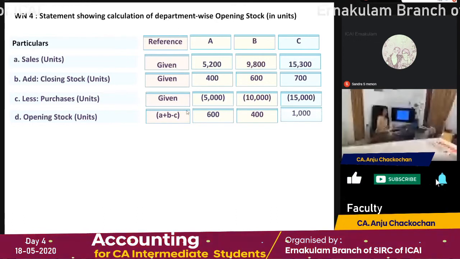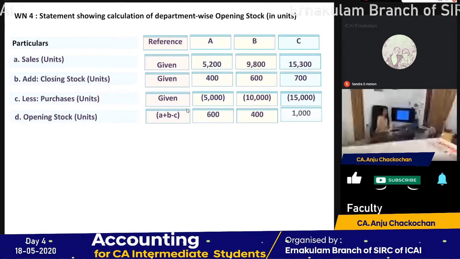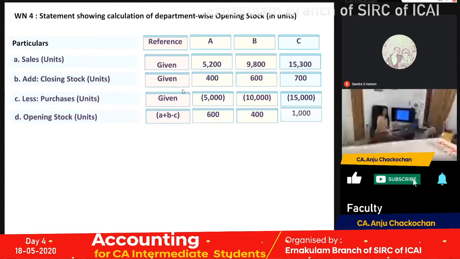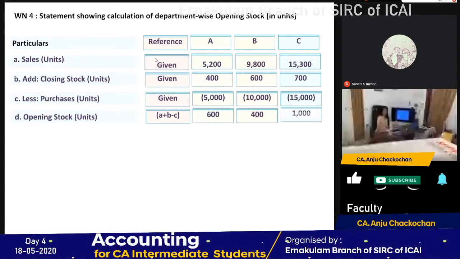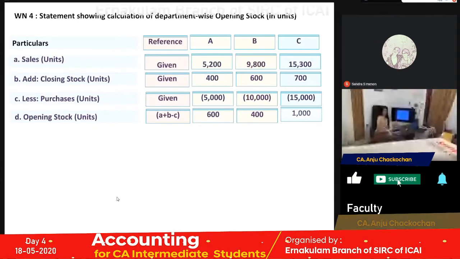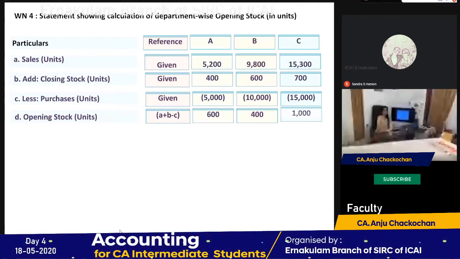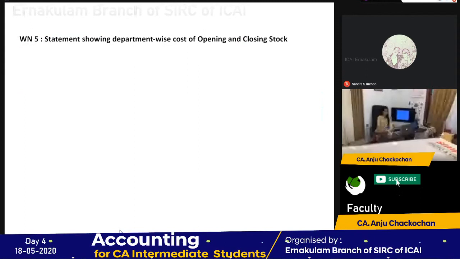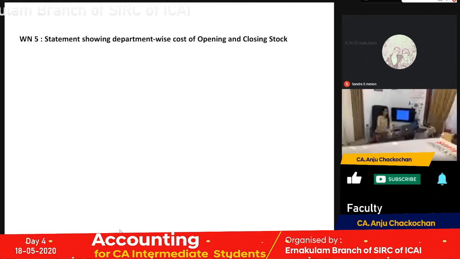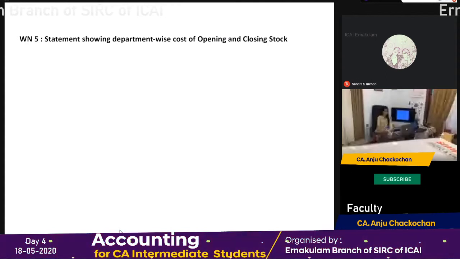Okay, Saurabh. Donna. Okay, Madhura. Yes, finally. Good. Okay. So listen. So working note 4 is also done. Now let's move to the next working note. We just have to compute the value of opening stock and value of closing stock. Let's see how we go.